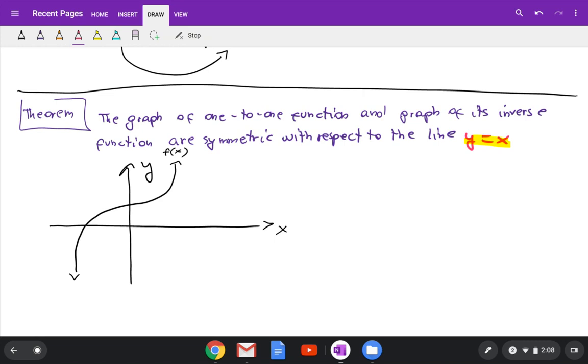That's the straight line which goes through the origin, and you will have points 1, 1, 2, 2, 3, 3 on the graph. So this is y equal x. If I need to draw the graph of the inverse function, again, that graph will be symmetric.